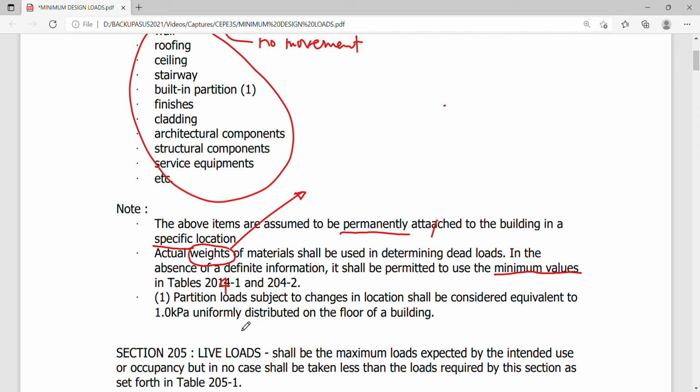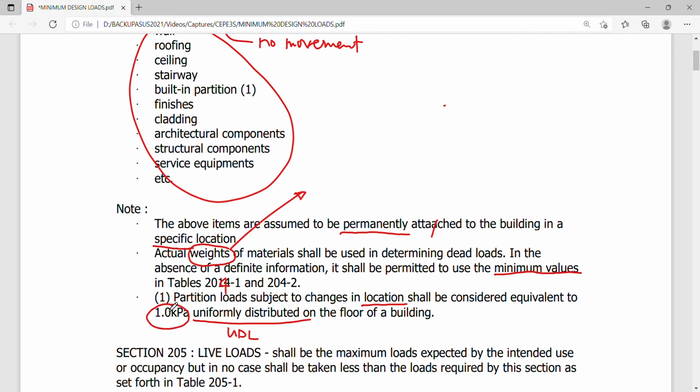And in that case, since the location is not fixed, we opt to consider it in terms of a UDL, a uniformly distributed floor load on the building, equivalent to 1 kilopascal.